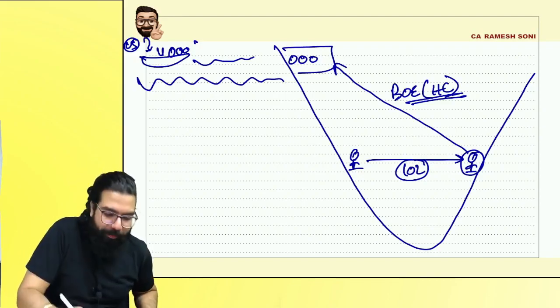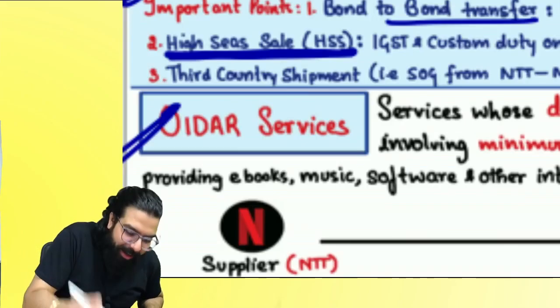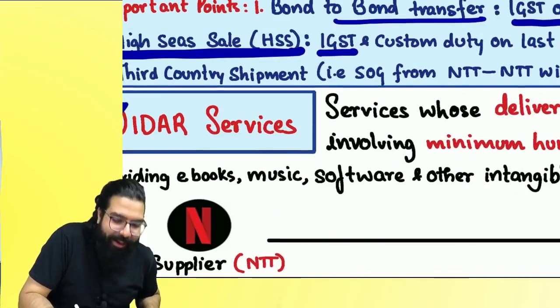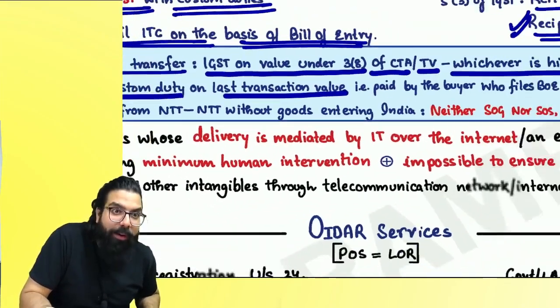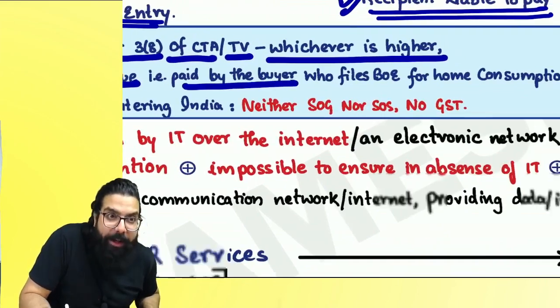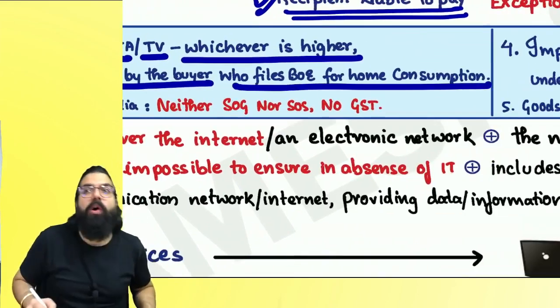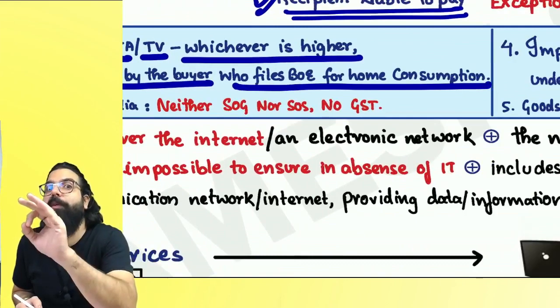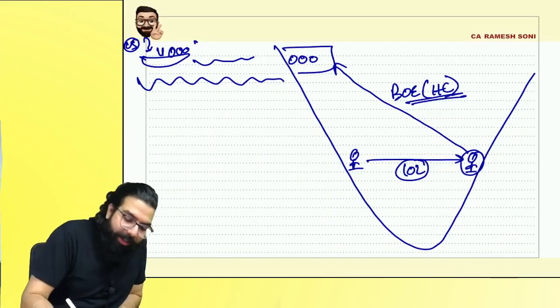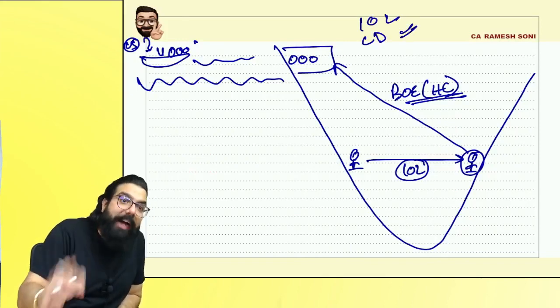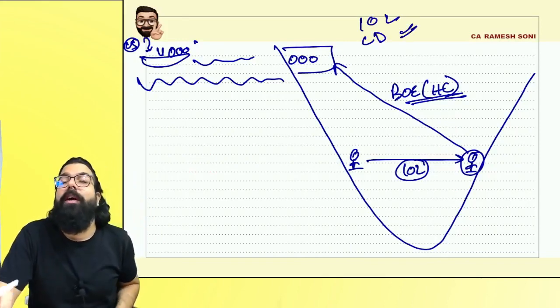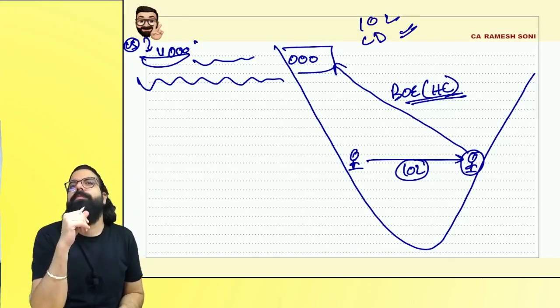In this scenario, when it is high seas sale, remember, IGST and customs duty are always on the transaction value, that is the price paid by the buyer who filed the bill of entry for home consumption. It means on 10 lakh he will pay customs duty, and then on that amount he will pay IGST also.